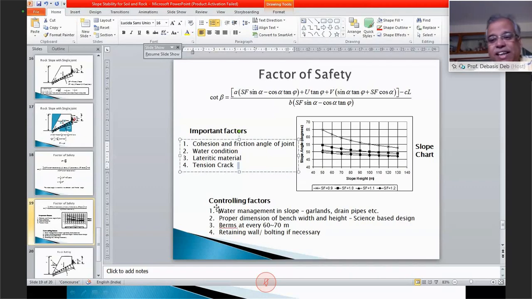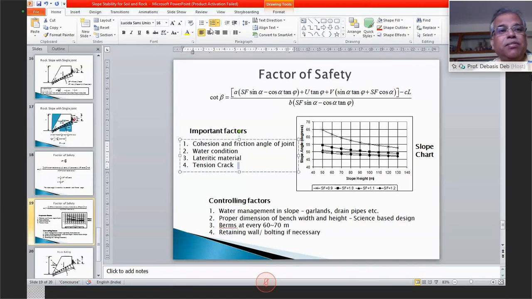That is the reason many people are still working on how to find out the cohesion and friction angle of the joint which exists in the field. There is no easy answer. We do some approximation based on laboratory tests of smaller size joint surfaces replicating more or less similar roughness, and from there we get some idea, but there is no clear cut answer for this.